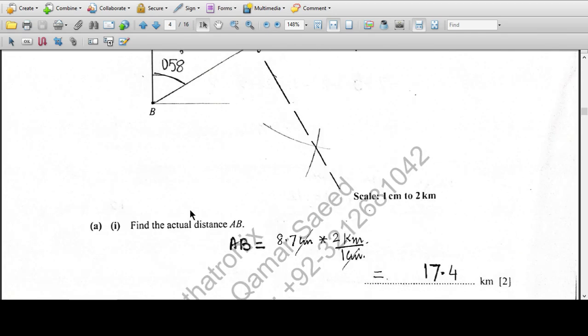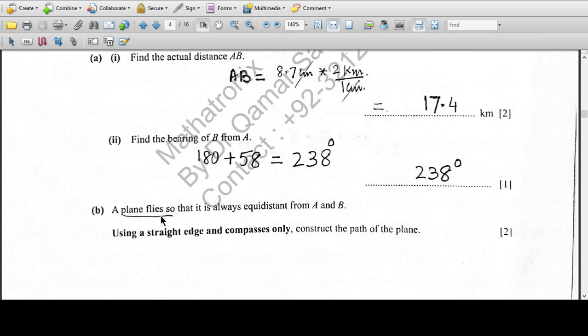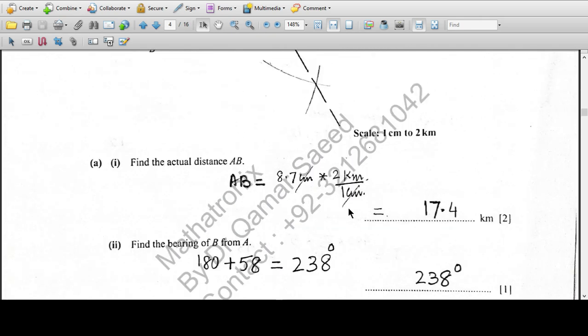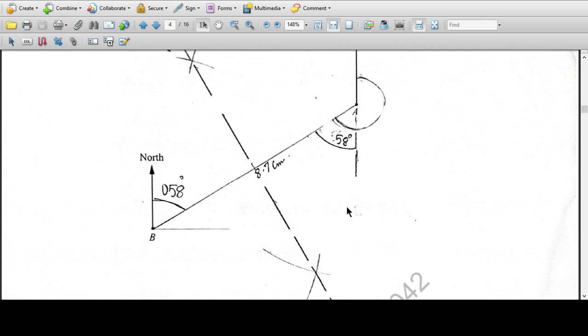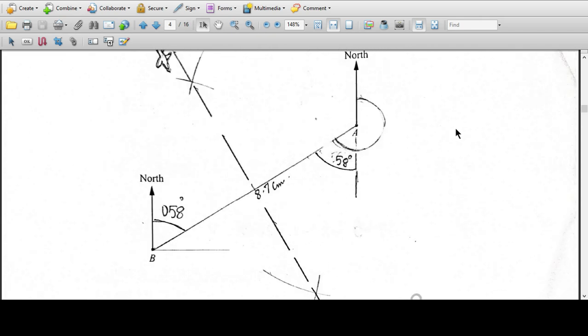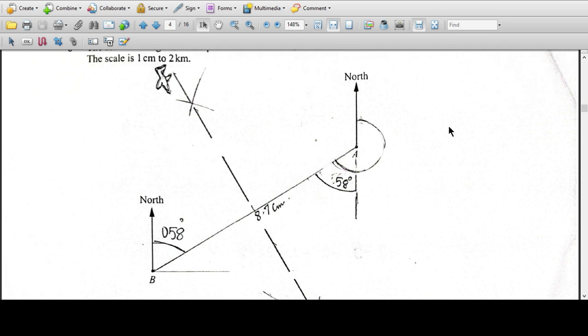Now part C, a plane flies so that it is always equidistant from A and B. So we have to find the plane's flight path where the distance from A and B is always equal.